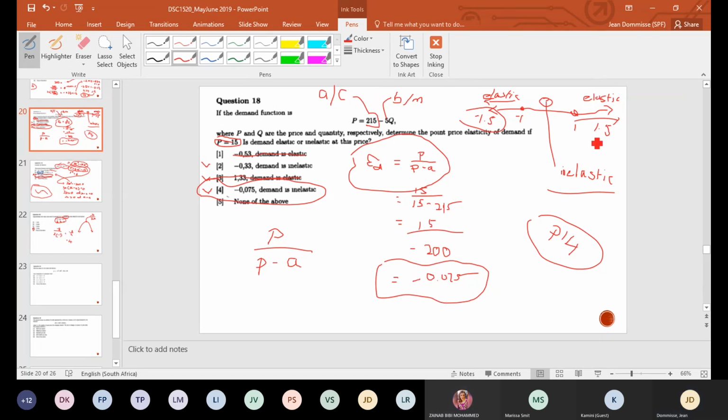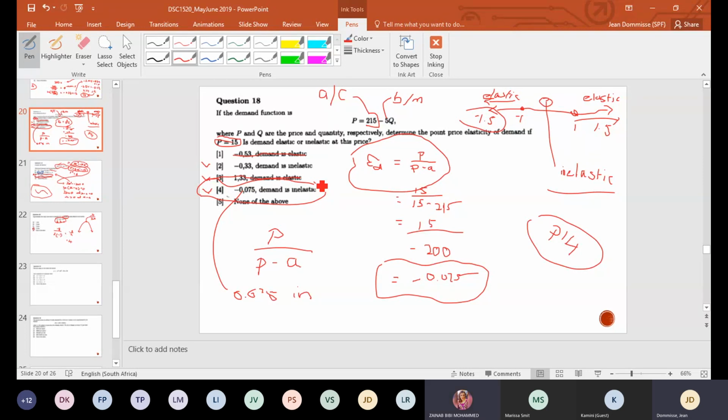Yeah, but then there'll be an example where it's less than 1. Yes, so if an option was 0.075 inelastic, you would still have chosen it because it's the absolute value, because in all the study guides they talk about the absolute value as well.